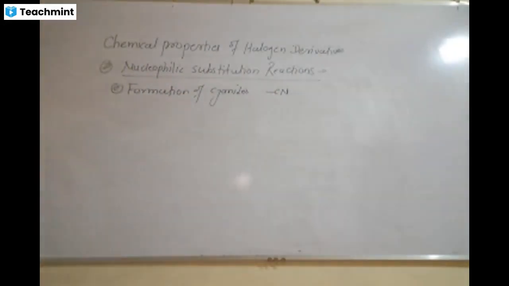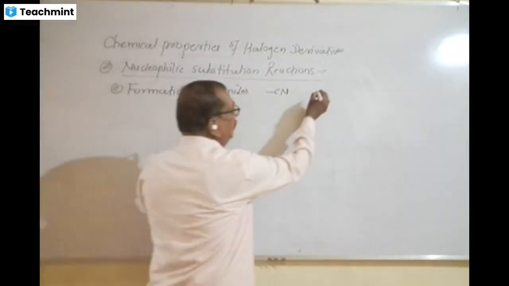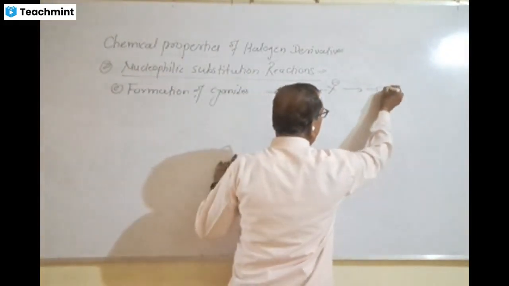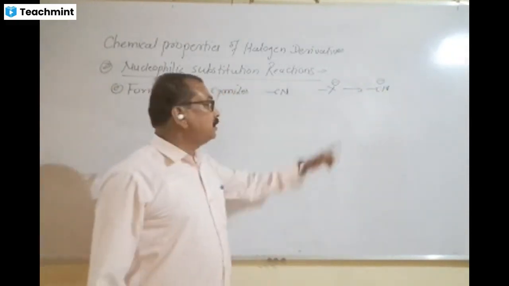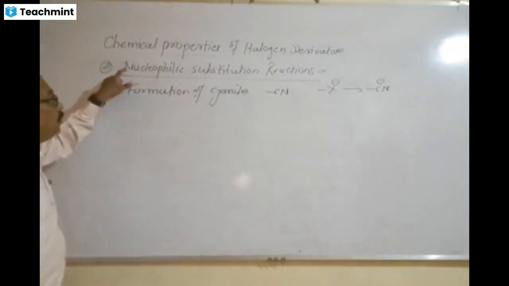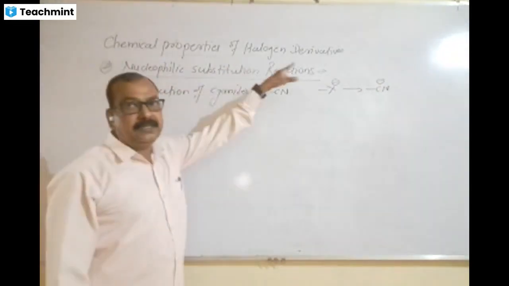And in this reaction, again, the halo group, a negatively charged group, is replaced by the CN negatively charged group. One nucleophile is replaced by another nucleophile. This is an example of nucleophilic substitution reaction.